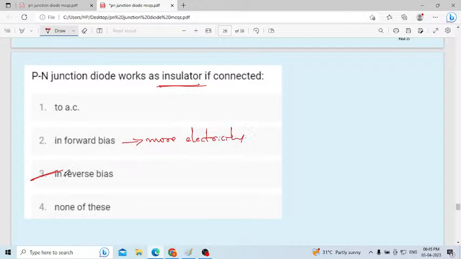The correct answer is that in reverse bias the PN junction acts as an insulator only for a particular time. Once you increase the temperature, there will be a flow of minority charge carriers, and then it will create electricity. That is the different one you have to remember.